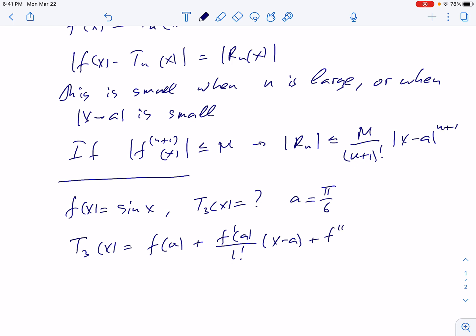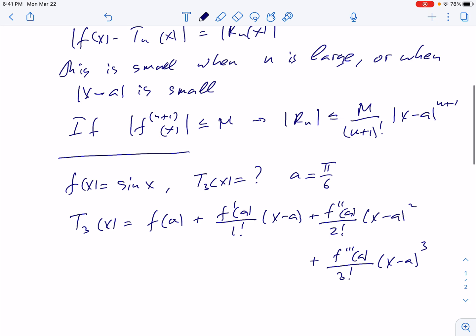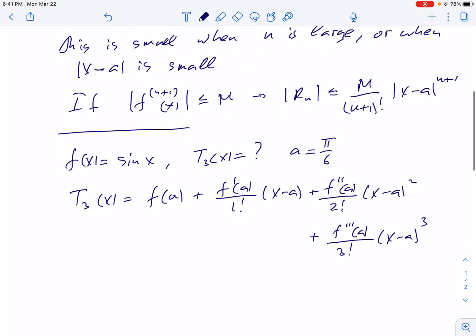Then we have f second derivative at a over 2 factorial times (x minus a) squared, and also plus the third derivative at a over 3 factorial times (x minus a) cubed. This is the third Taylor polynomial centered at a for any function. And now we have to take a to be pi over 6 and f to be sine x.